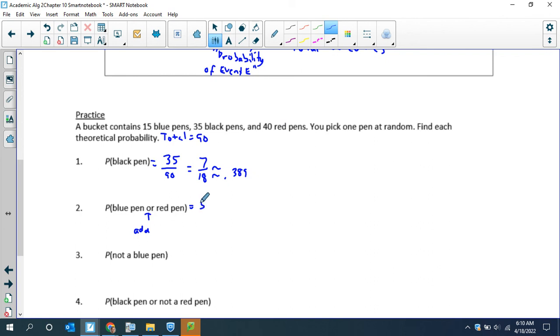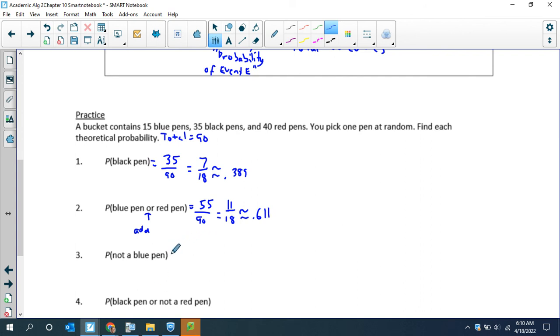So that'd be 55 over the 90. Again, I would do 55 divided by 90 on my calculator, math fraction, and I would get 11 over 18. Or if you want it as a decimal, 0.611.